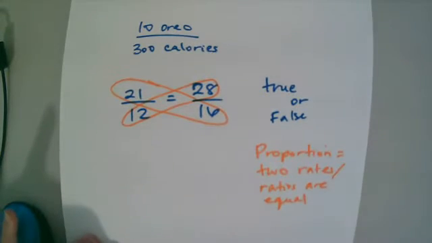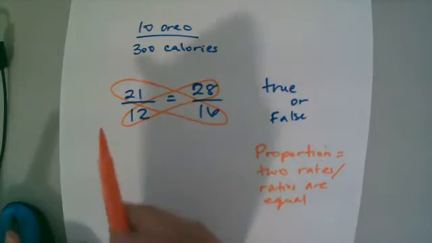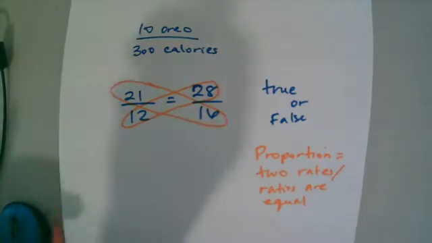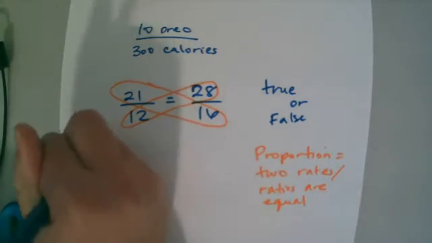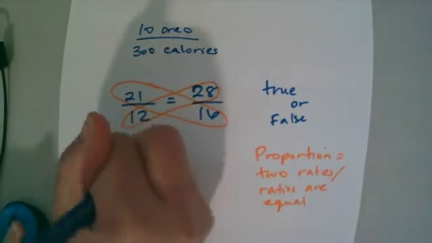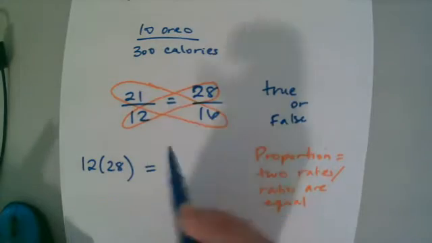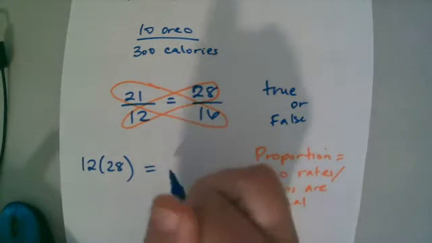So how do we check it? We use cross multiplication. So I'm going to multiply 12 times 28, and then I'm going to multiply 21 times 16.